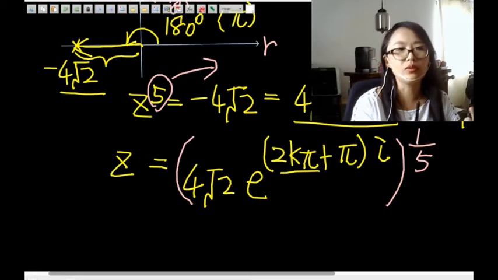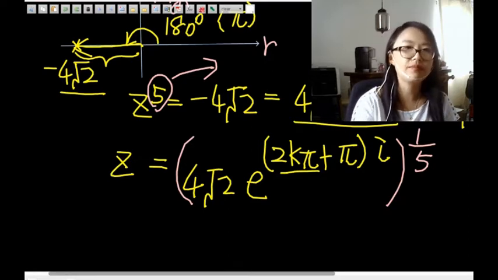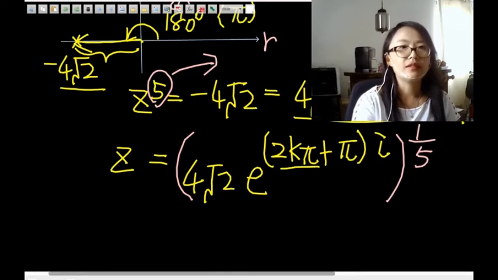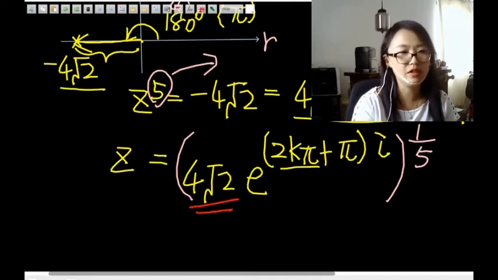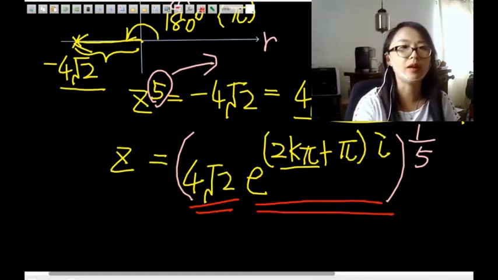And if you have z to the power of 5 and you want to put the 5 on the other side, we think reversely. The reverse of to the power of 5 is to the power of 1 over 5. After we've done that, we distribute the 1 over 5 to the magnitude part and the exponential part.